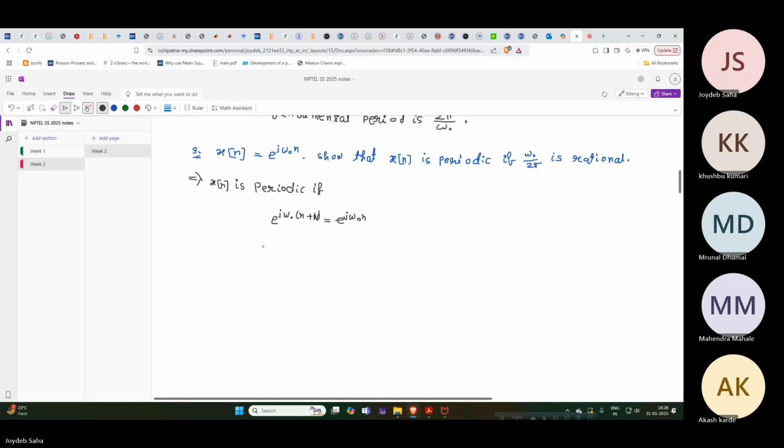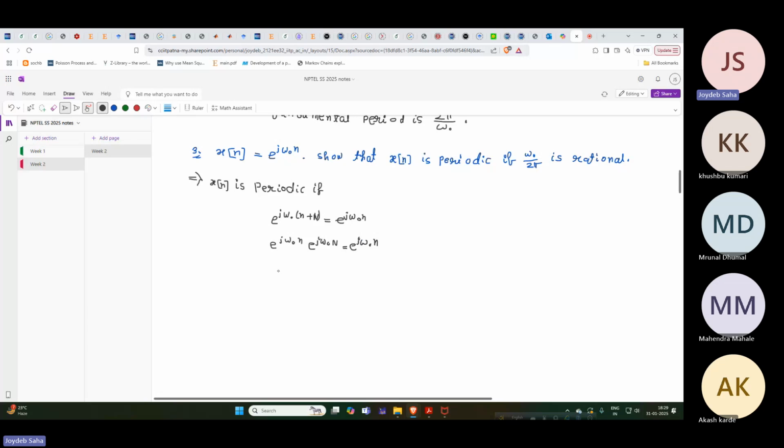So we can write it like e to the power j omega 0 small n multiplied with e to the power j omega 0 capital N is equal to e to the power j omega 0 small n.